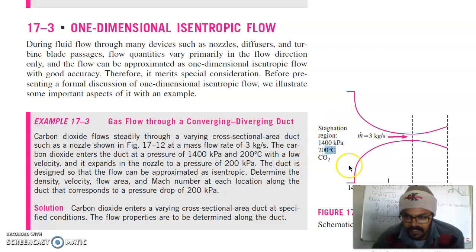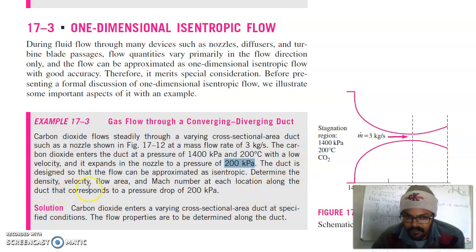The velocity at the inlet is very low and it expands in the nozzle to a pressure of 200 kPa. That is the outer pressure. The duct is designed so that the flow can be approximated as isentropic. During this whole process, the flow is isentropic.